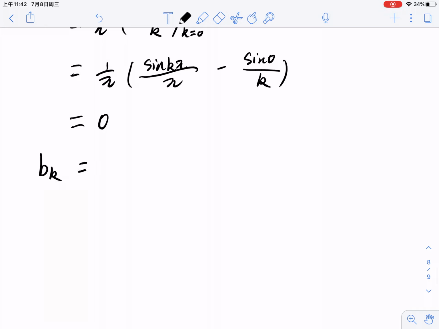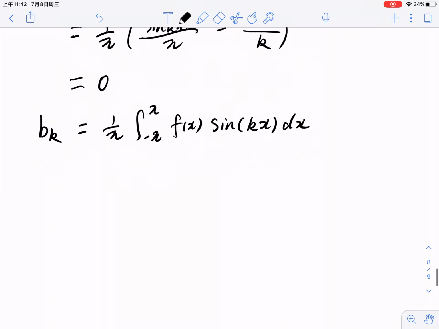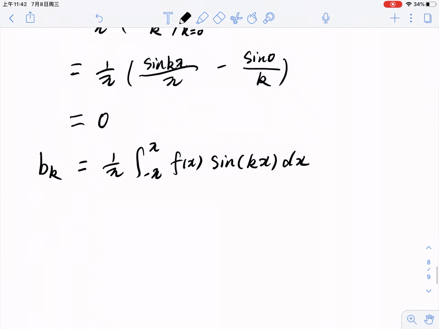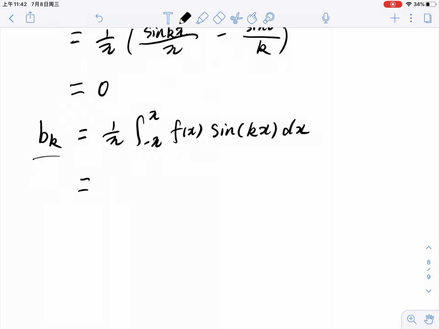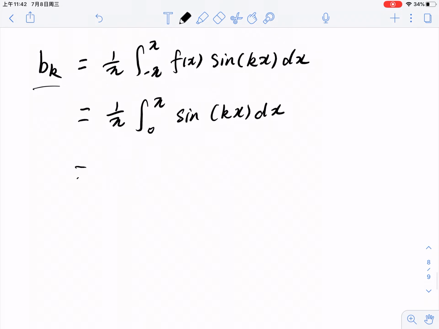Then find bk. bk is 1/pi times the integral from negative pi to pi of f(x) sine kx dx. This is also using the formula for the Fourier coefficient bk. And this is 1/pi times the integral from 0 to pi, where f(x) is 1, of sine kx dx. So find the antiderivative of sine kx. It's negative 1/k cosine kx, from 0 to pi.